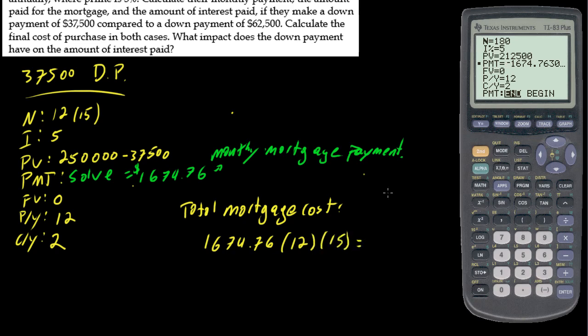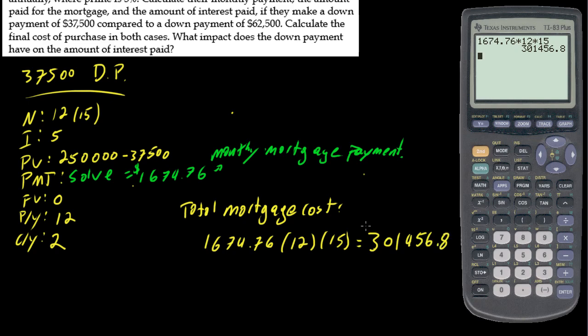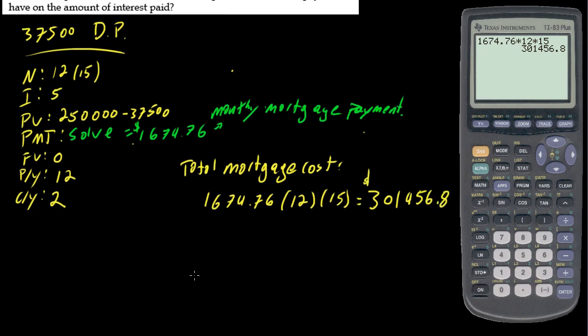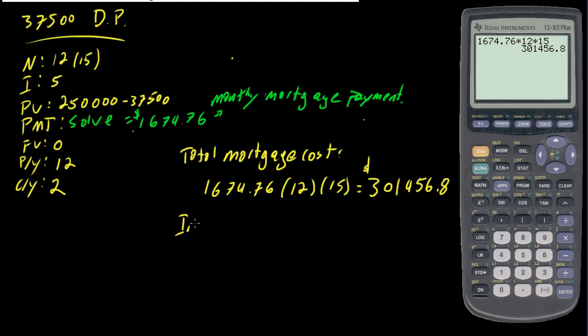So let's calculate that real quickly: 1674.76 multiplied by 12 multiplied by 15. We're going to get that this total mortgage ended up costing $301,456.80.